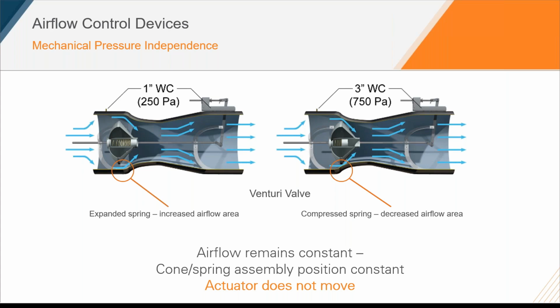So assuming the airflow remains constant, we're only going to expect the cone spring to react to the changes in fluctuation of pressure, but the overall position of that center shaft and the lever arm is going to stay the same.